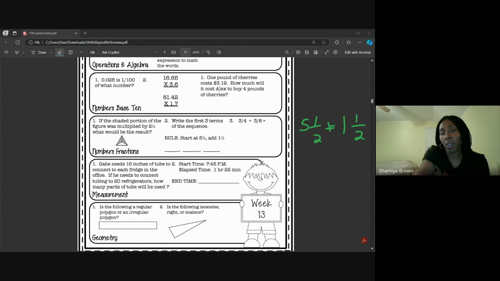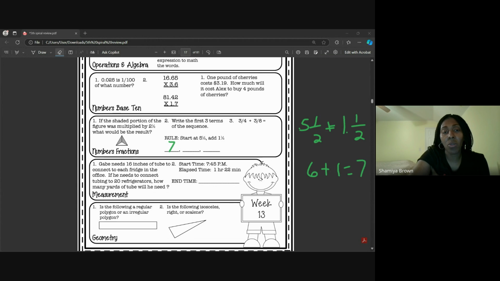And I know a 1/2 and a 1/2 is going to give me a whole. So I basically have 1 whole. Then I could do 5 plus 1, which will give me 6. So basically I have 6 plus 1, which is 7. So my first one is 7.